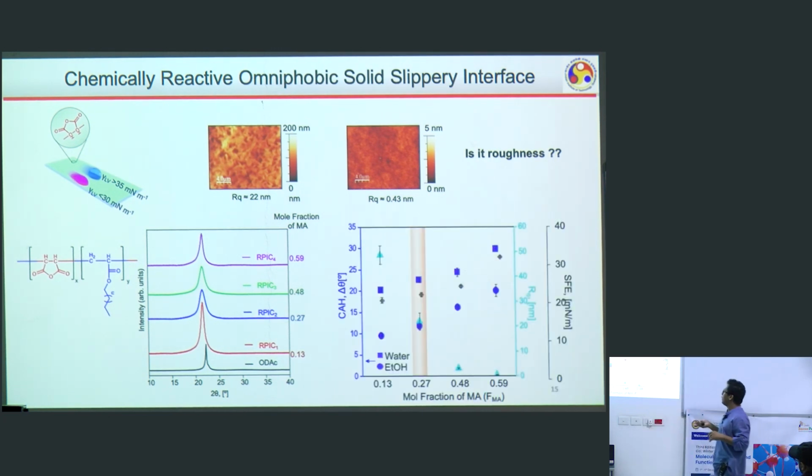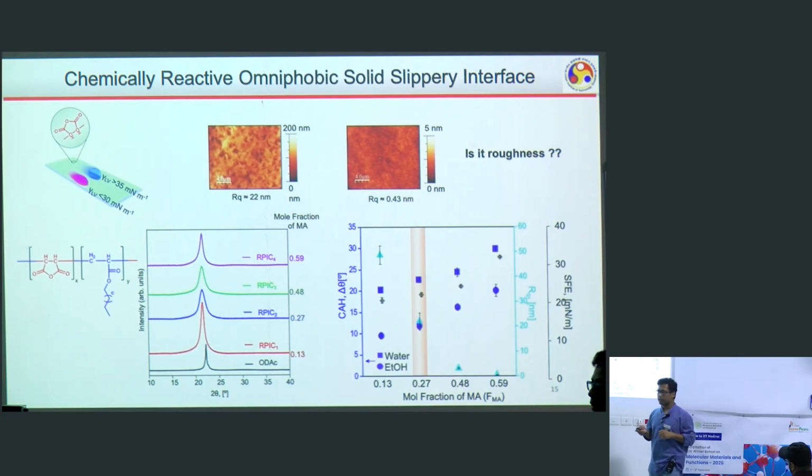Once you have that, we have a pool of these coatings. We examined the roughness and surface energy of the resultant coatings, and then we started looking at the contact angle hysteresis. We found that contact angle hysteresis is getting enhanced after some point, and that is the trend. If you see, surface free energy as well follows, though the roughness is gradually decreasing.